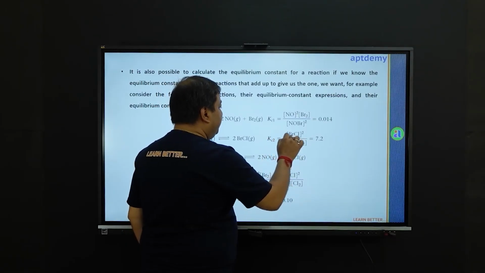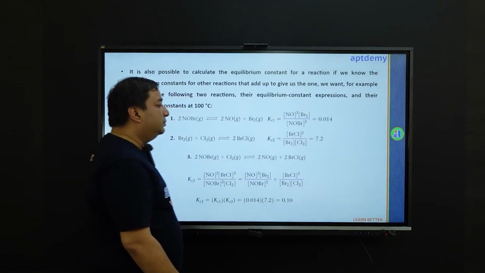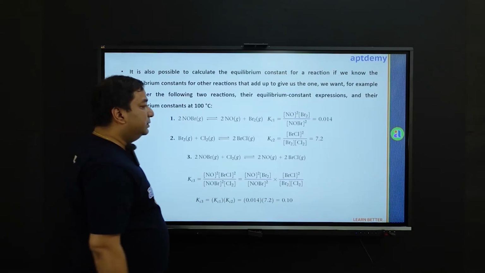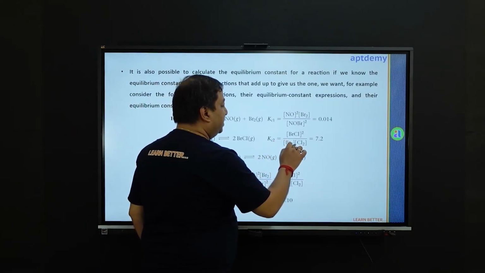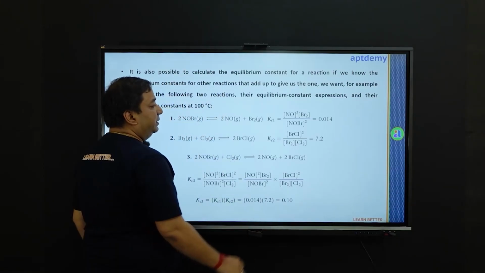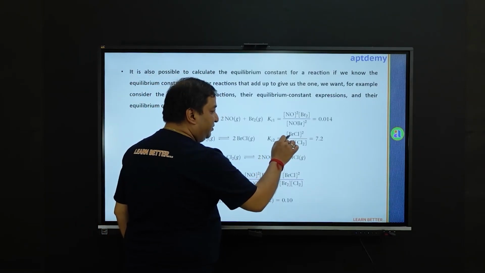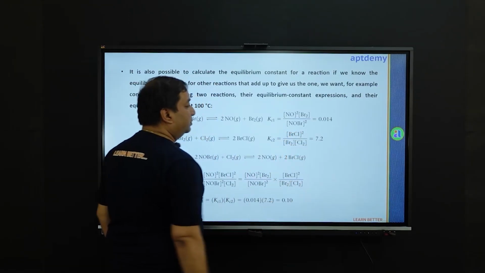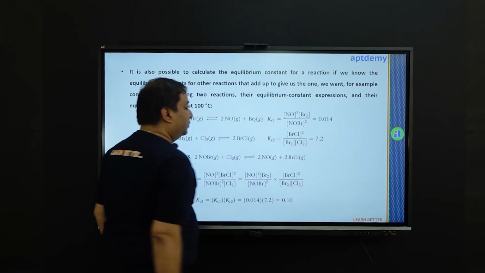So it will be BrCl raised to the power 2. The reactants are Br2 and Cl2, so that will be concentration of Br2 times concentration of Cl2. Okay. Below the concentration of BrCl raised to the power 2. And let's say the value is 7.2.